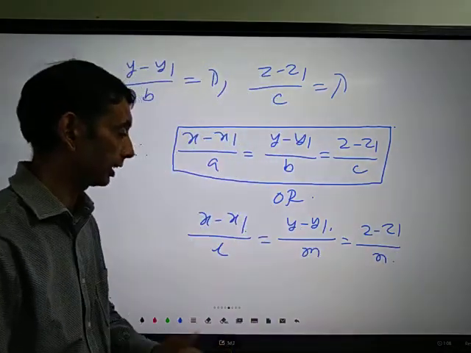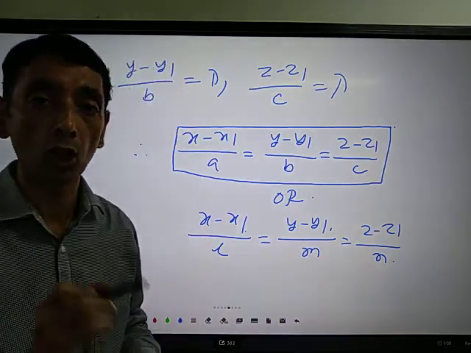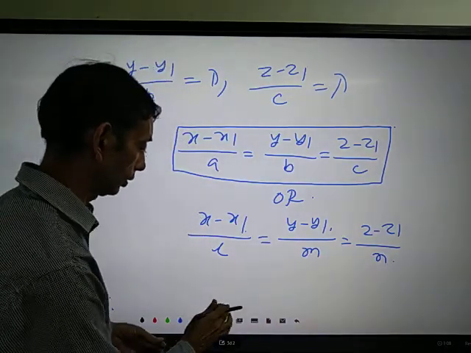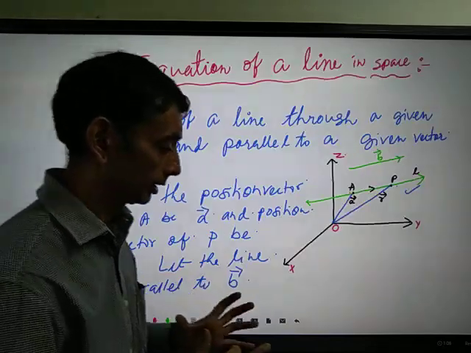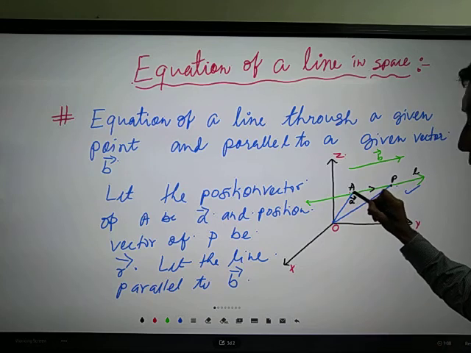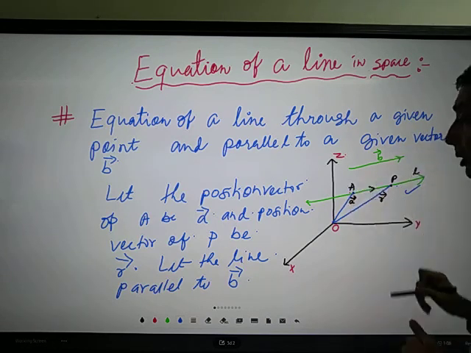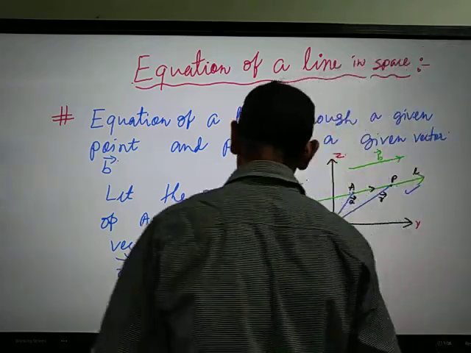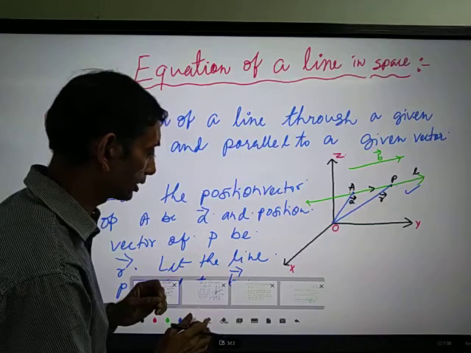This is the equation in terms of the direction cosines, where l, m and n are the direction cosines of the given line. So we have discussed two points: when finding the equation of a line, the line passes through a fixed point and is parallel to a vector B. We have seen that both the vector and Cartesian forms are very simple.